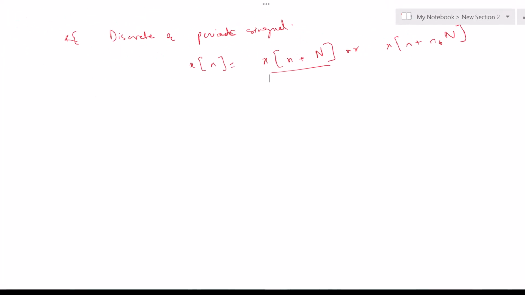So let's try to understand what capital N is. Capital N is the fundamental period of the signal.